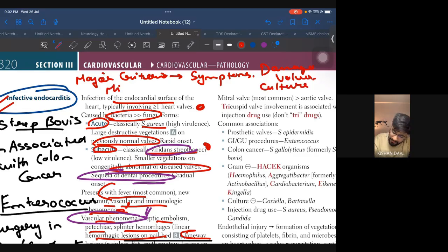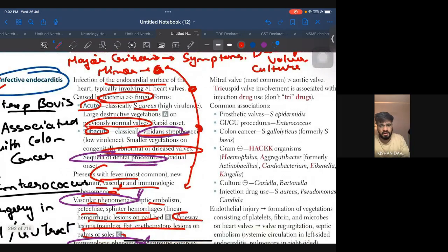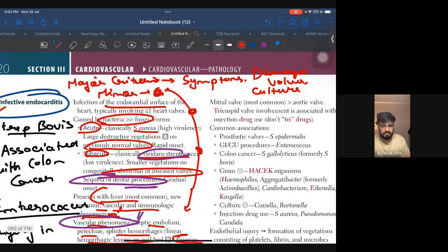And all this that we are seeing, Janeway lesion, Roth spot, Osler node, these all fall under the minor criteria. The vascular phenomena and immunologic phenomena we saw are minor criteria, whereas the major criteria are valve, culture, and damage, symptoms, fever, all that. So make sure, they might ask you.